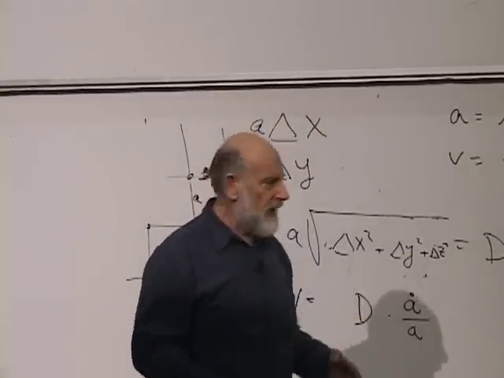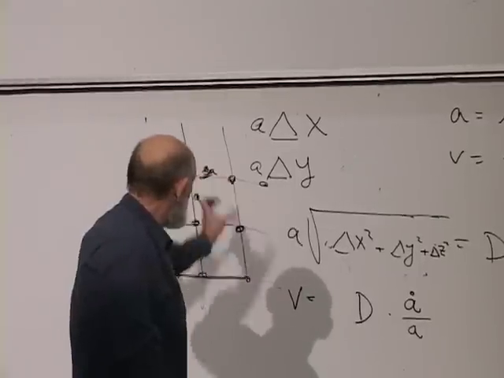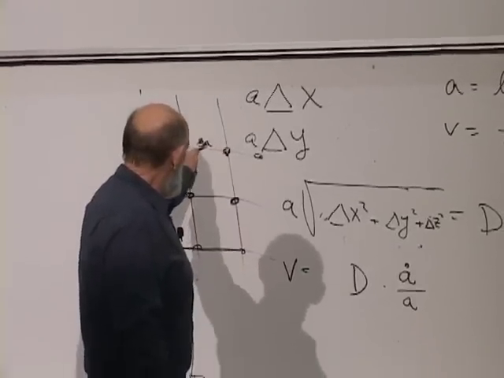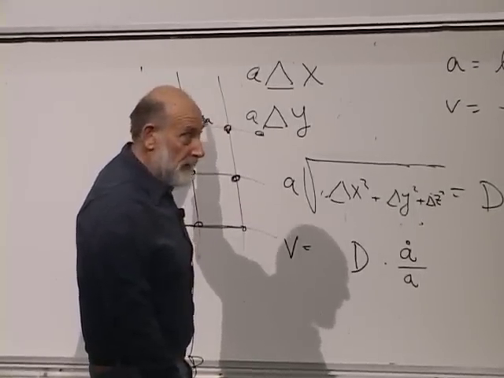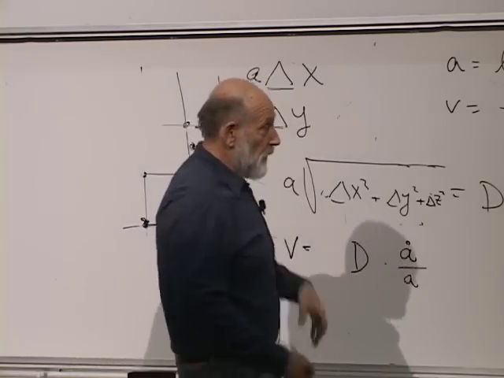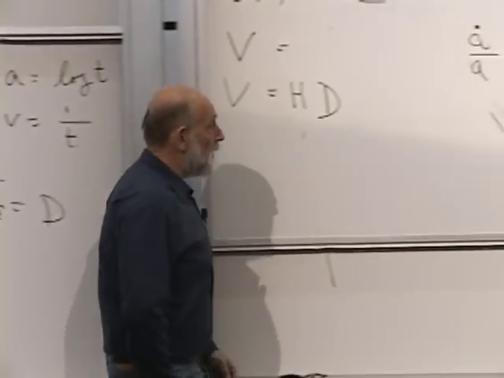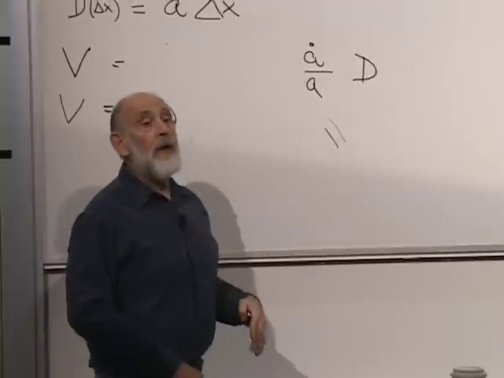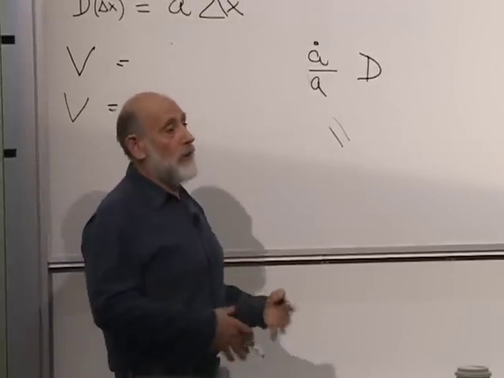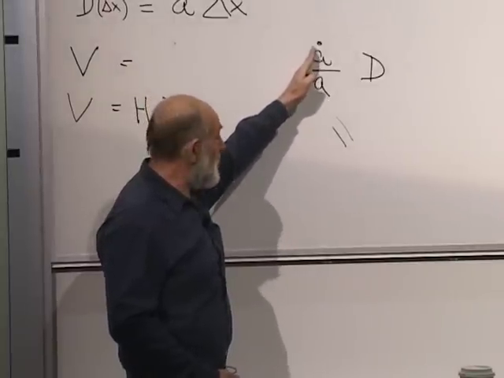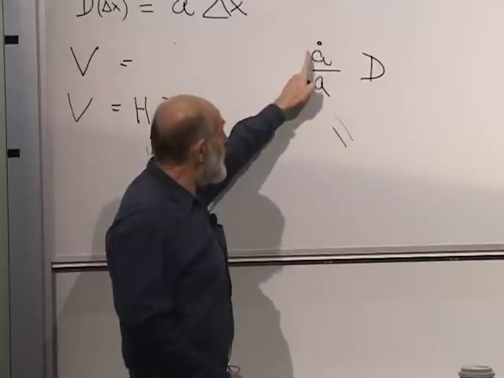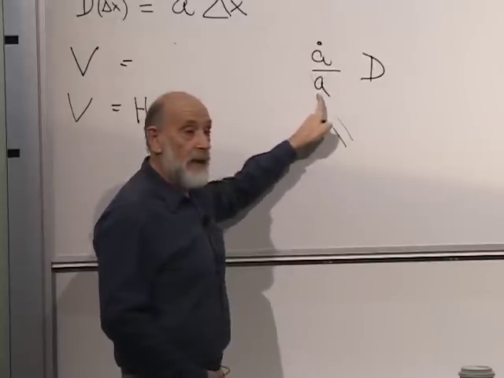Instead of the scale factor being the distance between these two galaxies, let's take it to be the distance out to 1/3 of the way to the next galaxy. We could do that. All right? So we would have another scale factor, which was bigger or smaller, it doesn't matter, than our original scale factor, but the ratio of A dot to A would be the same.